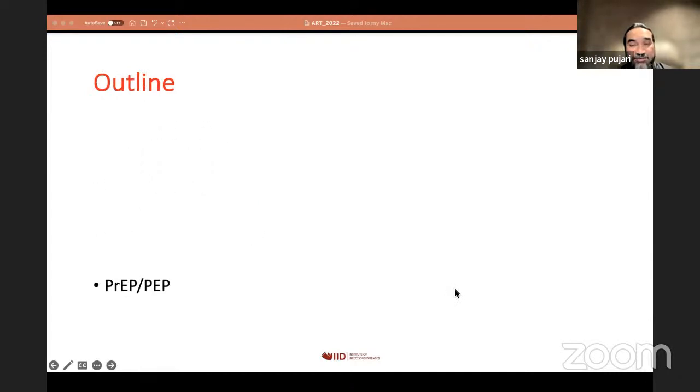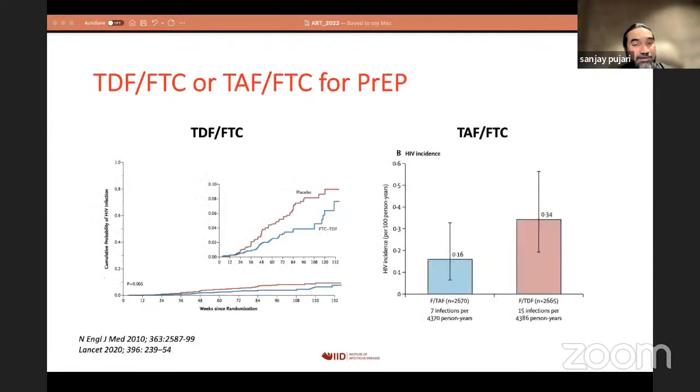Finally, let me end by giving you a brief update on PrEP and PEP. So we know now that in the iPrEx study, TDF-FTC was associated with lower risk of incident HIV infection as compared to placebo in the MSM population. And in the MSM and transgender population, TAF-FTC was also associated with reduced HIV infection and actually was better than TDF-FTC.